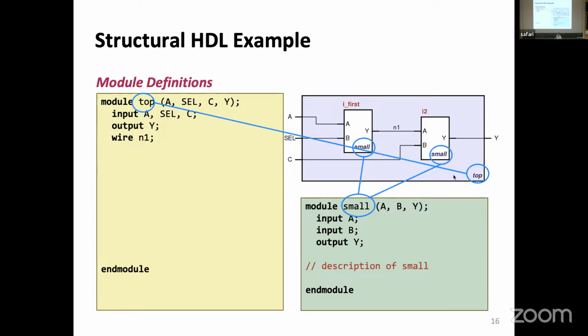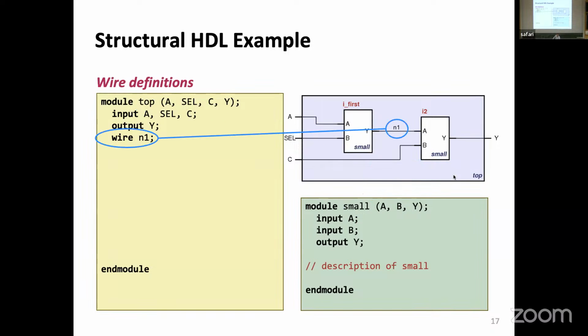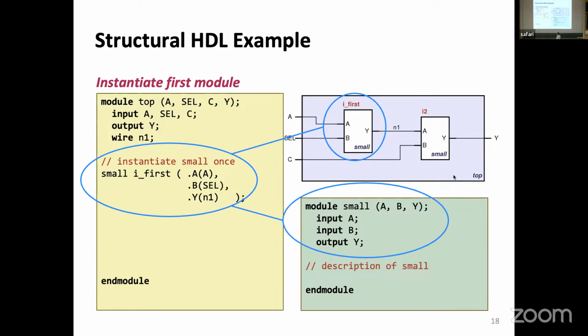Now, what I want to do is, you see the module refers to these 2 guys. This module refers to that one. The wire is there. And now I want to have an instantiation of small, the first one. So I say, let me take small. Let me give it a name, I_first. And now let me make the connections.